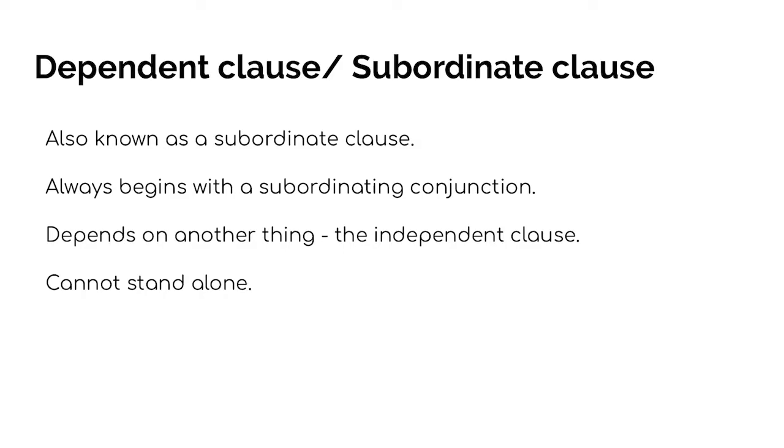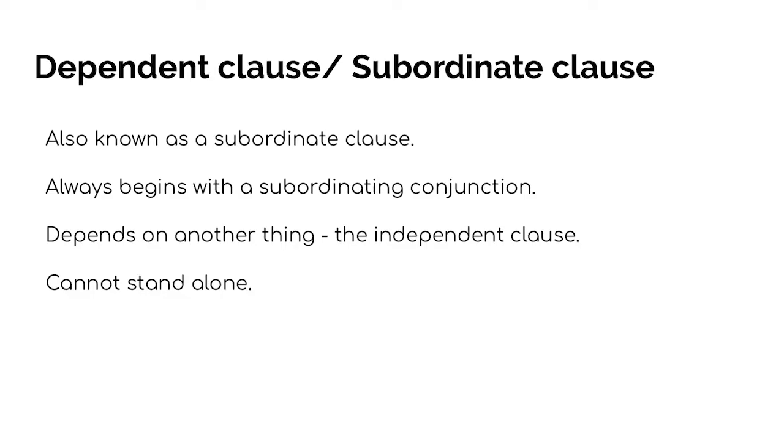It depends on the main clause or the independent clause. So, this dependent clause carries informative value to the independent clause. Another important thing to remember is that this clause cannot stand alone, which means it always depends on the independent clause. It does not have a meaning on its own. The meaning will be created only when it's joined with the independent clause.